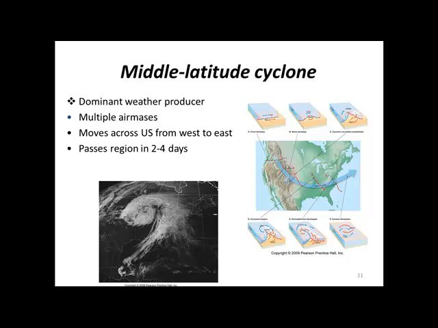And then eventually there's an occluded front. So there's a lot of precipitation and a lot of storms going on in a mid-latitude cyclone. You don't need to know specifics about how it develops, but just understand that it is a variety of air masses moving through the location, and it happens over land.